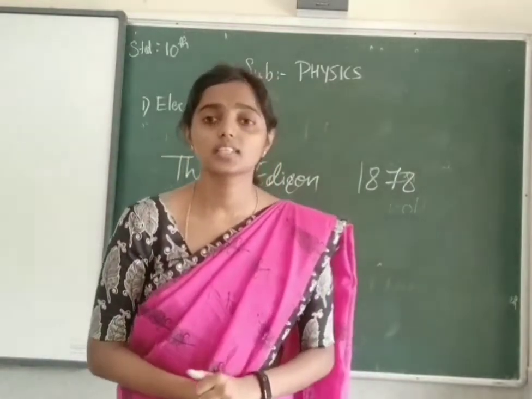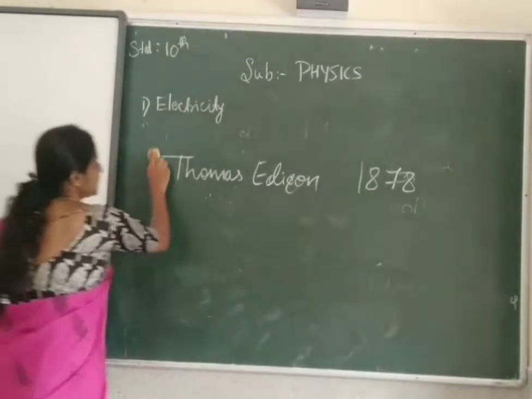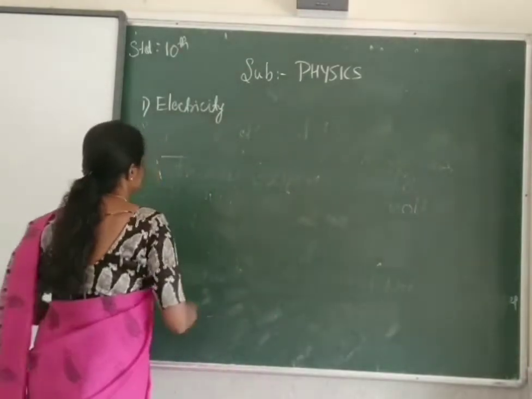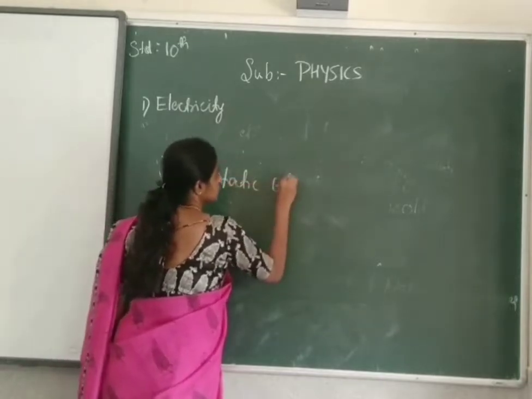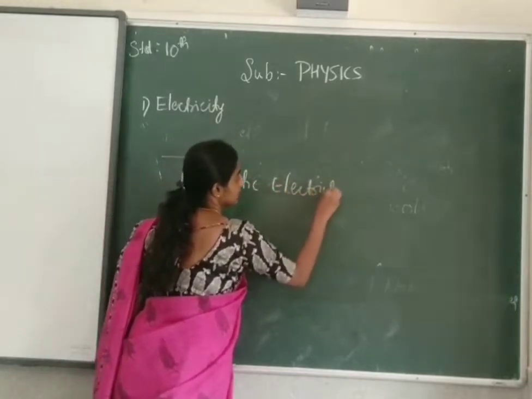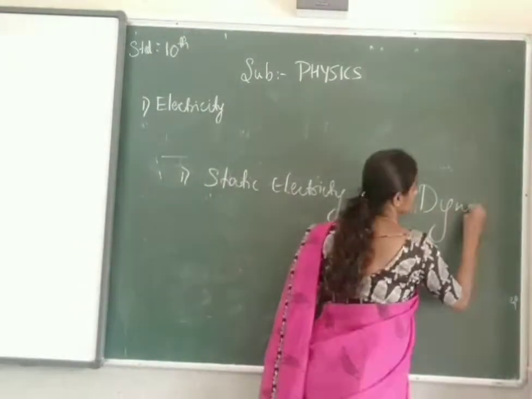Well, electricity is basically in two forms. The first one is static electricity, and the second one is dynamic electricity.